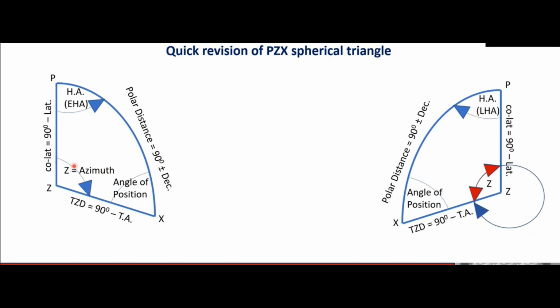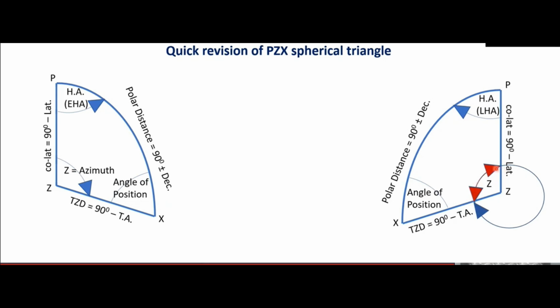As far as angle Z is concerned, in the earlier case it was equal to azimuth. But here, if you measure clockwise from north, this arc represents the azimuth of the body, whereas the internal angle Z of the triangle will be represented by this arc.